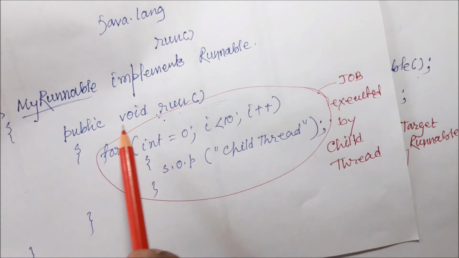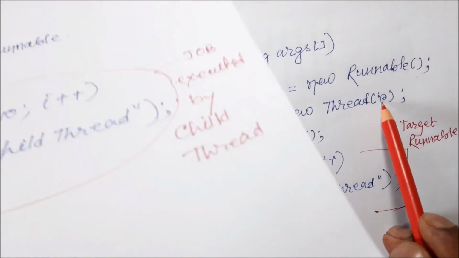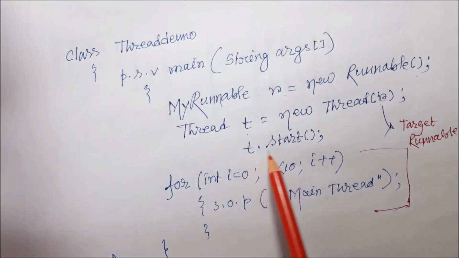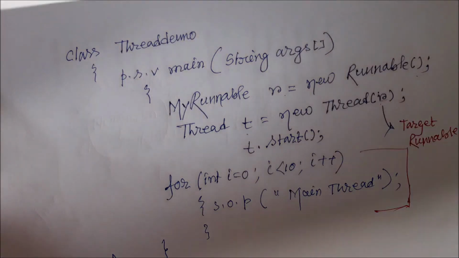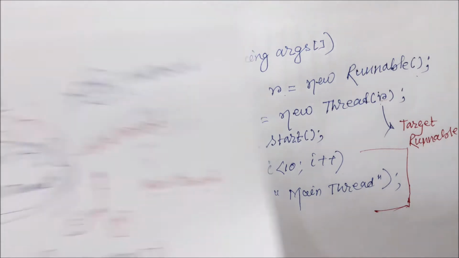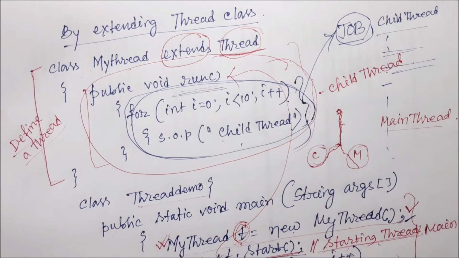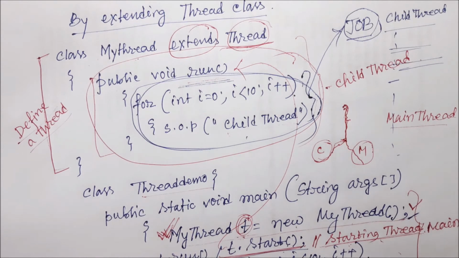Okay. So to execute the target runnable run method, we have to pass the object of this class when we create a thread, then call the start method. This is the difference between the first case and second case. If one compares with the first example, there we have just created a thread instance, then called the start method.